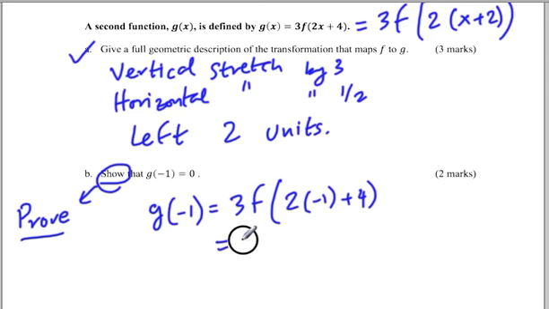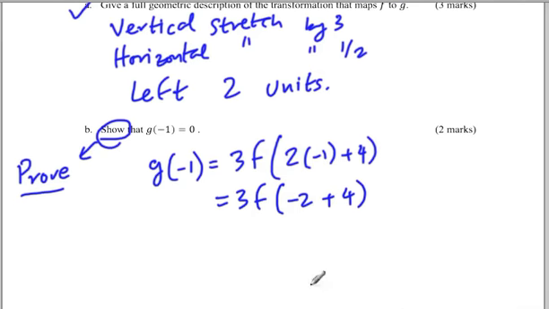And what that is equal to is 3f of, what's 2 times -1? It's -2 plus 4. And don't forget this f. Never ever forget this. This f is a function. What this really means is this is 3 times whatever this output is. Here's the input, -2 plus 4, and the output is f of that. So this is basically 3 times f of 2.